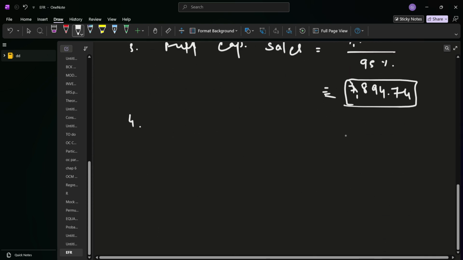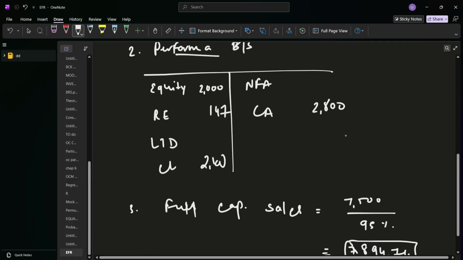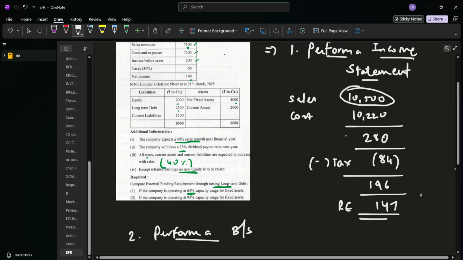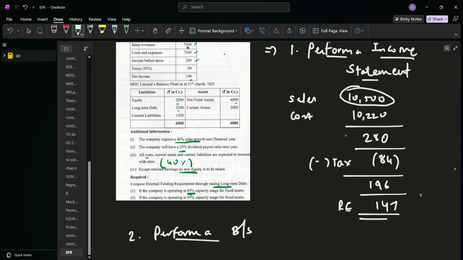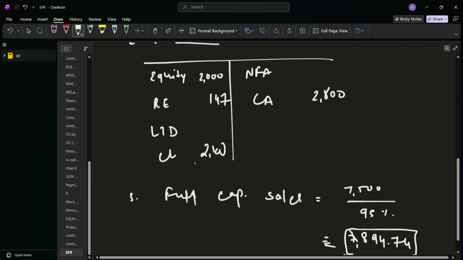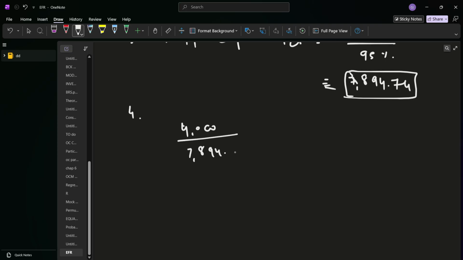In that part, our 100% capacity was easily able to fulfill the sales growth of 10,500, because at full capacity the sales was more than 11,000. But here it's only 7,894.74. So what I can make a statement is at 4,000, which is at full capacity, I'm able to generate sales of 7,894.74.